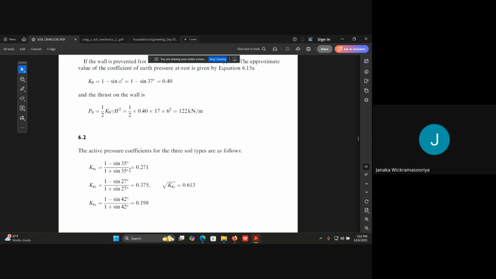First determine the Ka values, and then Ka1, Ka2, likewise. So you have three friction angles, so you will get three Ka values.